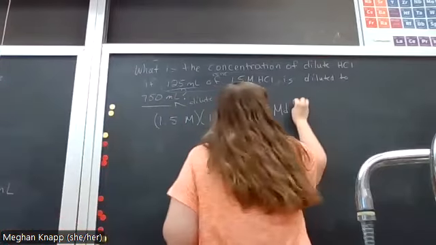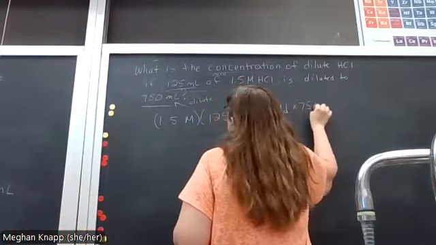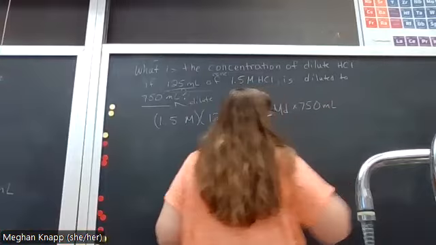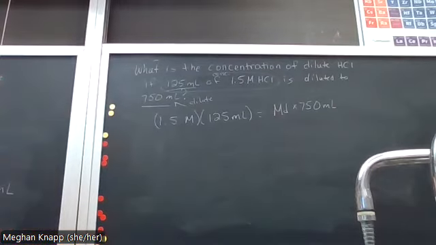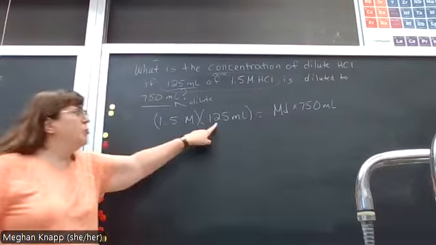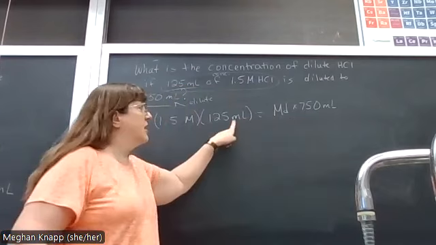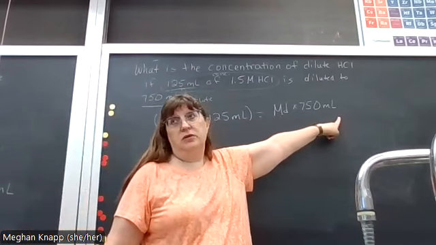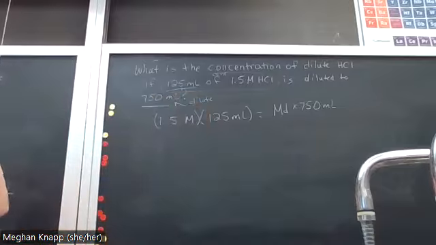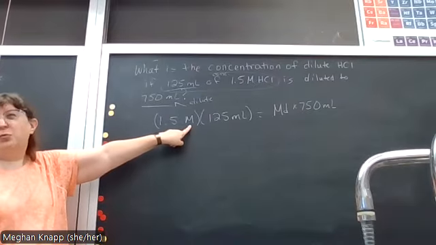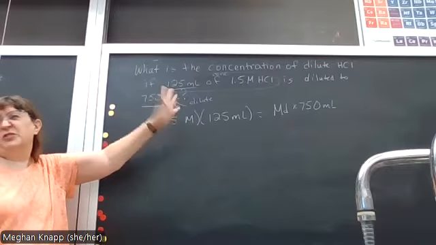And then 750 milliliters. Now I could change this to liters, but since both of these are given in milliliters, I know that they're going to cancel out. Okay, so I'm going to leave those in milliliters rather than switching to liters. And then I only have one M, and that's what I want for my final answer, so it's fine.